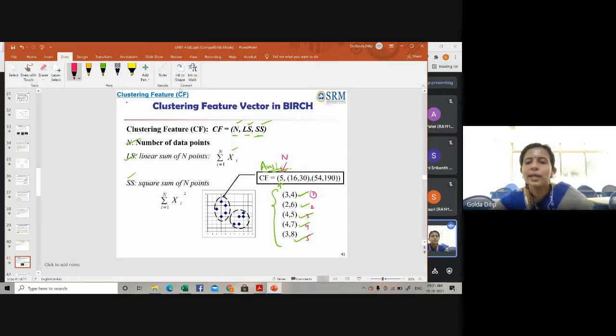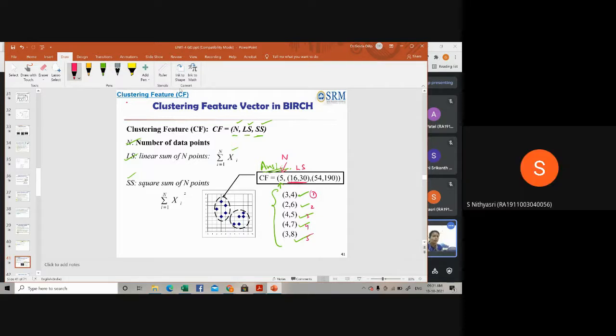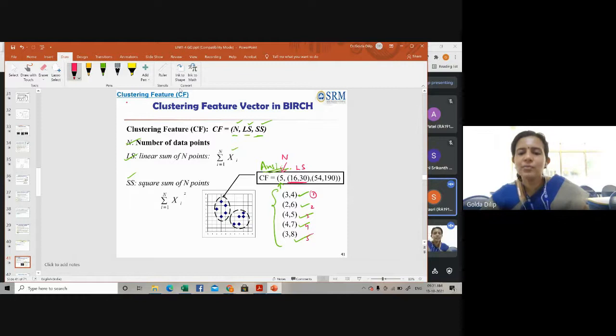Next is LS. LS is nothing but the linear sum of n points, sigma xi. I'm getting the answer as 16, 30. How is that? Sum all x coordinates and y coordinates. Yes, very good.